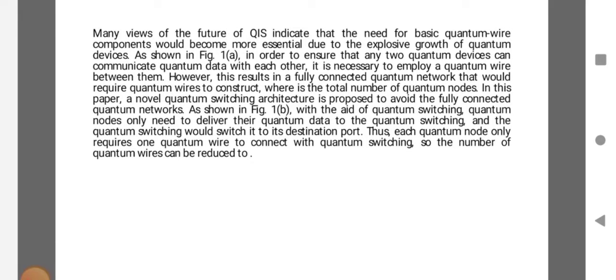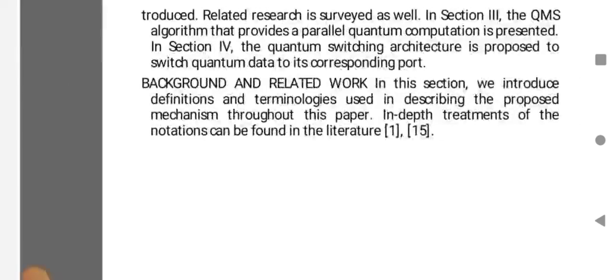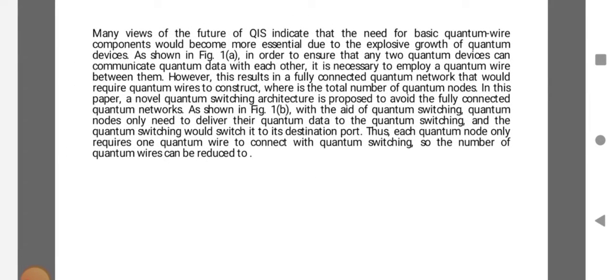As shown in figure 1, in order to ensure that any two quantum devices can communicate quantum data with each other, it is necessary to employ a quantum wire between them. However, this results in a fully connected quantum network that would require many quantum wires to construct, where n is the total number of quantum nodes.